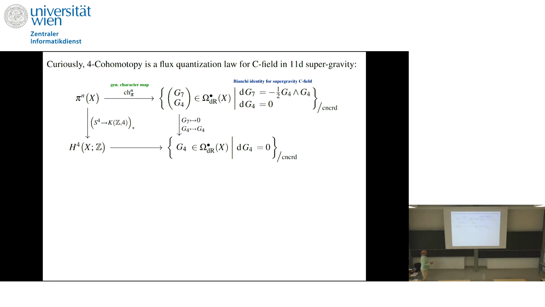I mean, this is just a math fact. If you say that a flux quantization law, as you should, is a lift of given Bianchi identities, or an identification of given Bianchi identities as the image under a generalized Chern character of some cohomology theory, then it's just a fact that 4-cohomotopy is a flux quantization law. But is that the correct one, right? Whether the supergravity C field in M theory should be quantized in cohomotopy is not, yeah.